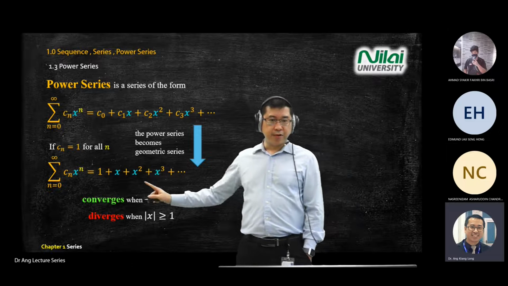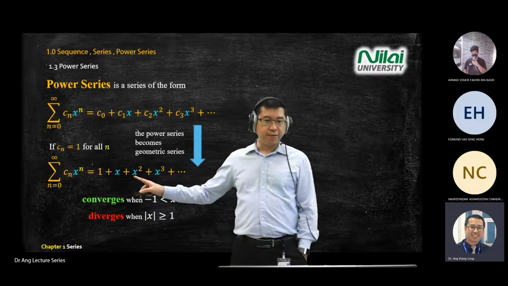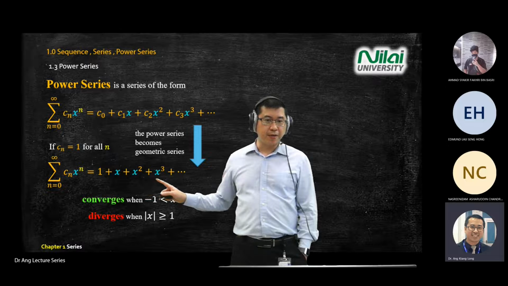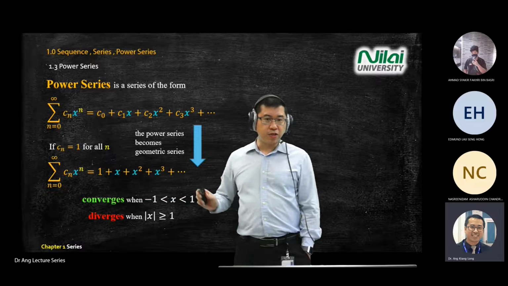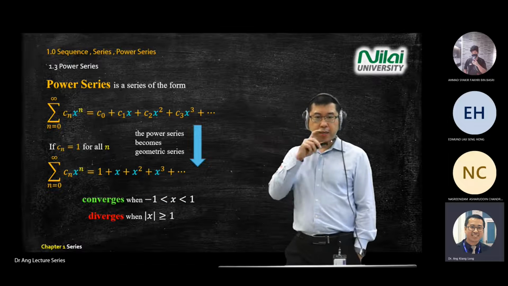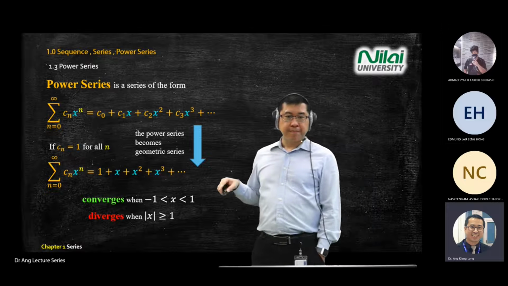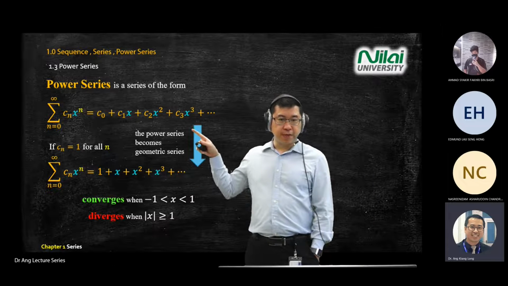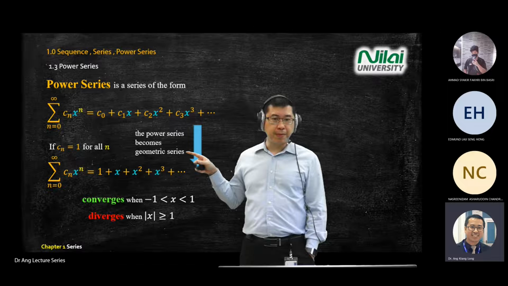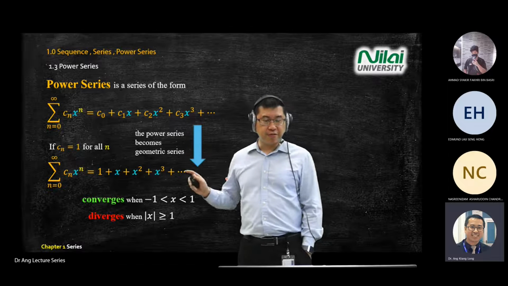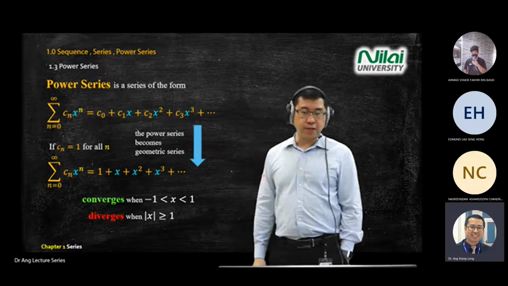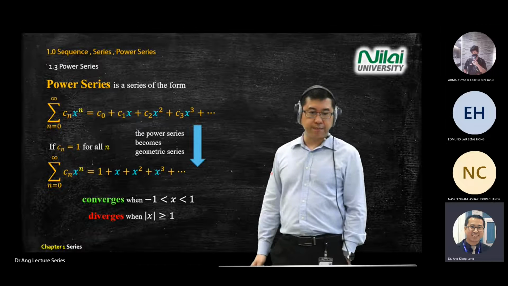And remember, for the first number in the power series, the n starts with 0, not 1. So just be careful on that. Don't confuse it with the previous series that we learned. Power series is a bit different from the general series pattern.